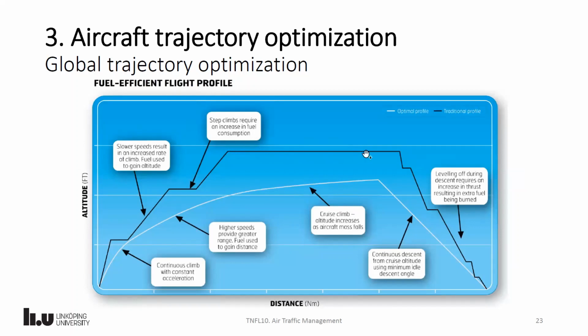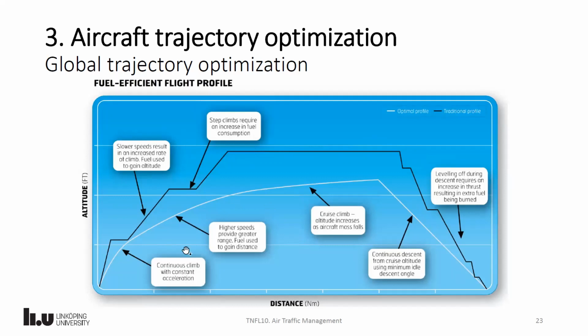Then the cruise is done at a constant altitude. As we saw, this is not the most efficient thing. The most efficient thing for aircraft to do in cruise segments is to increase the altitude as their weight goes down. And finally, the descent is also traditionally done in steps, which results in unnecessary fuel burn.